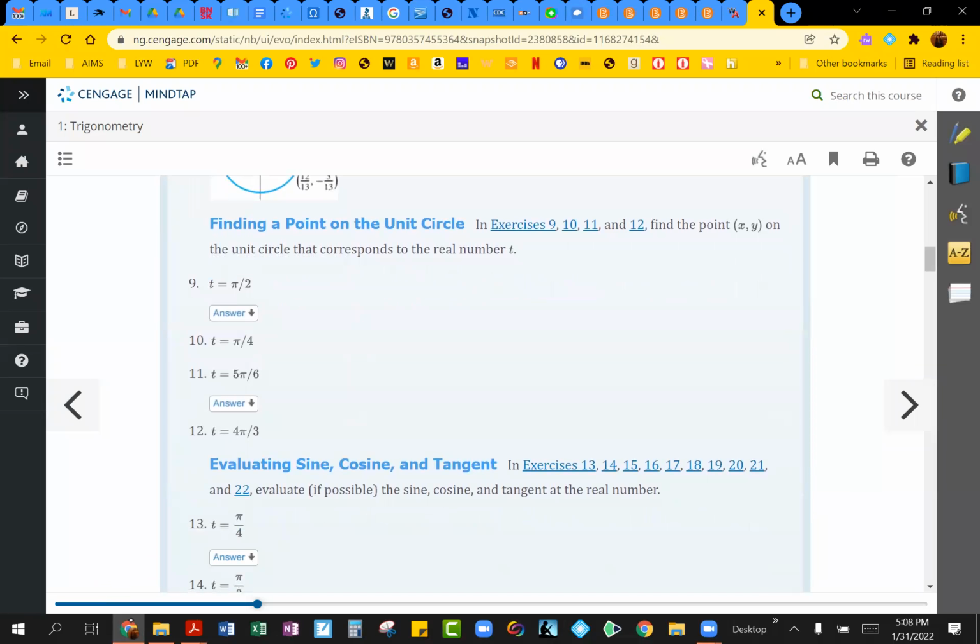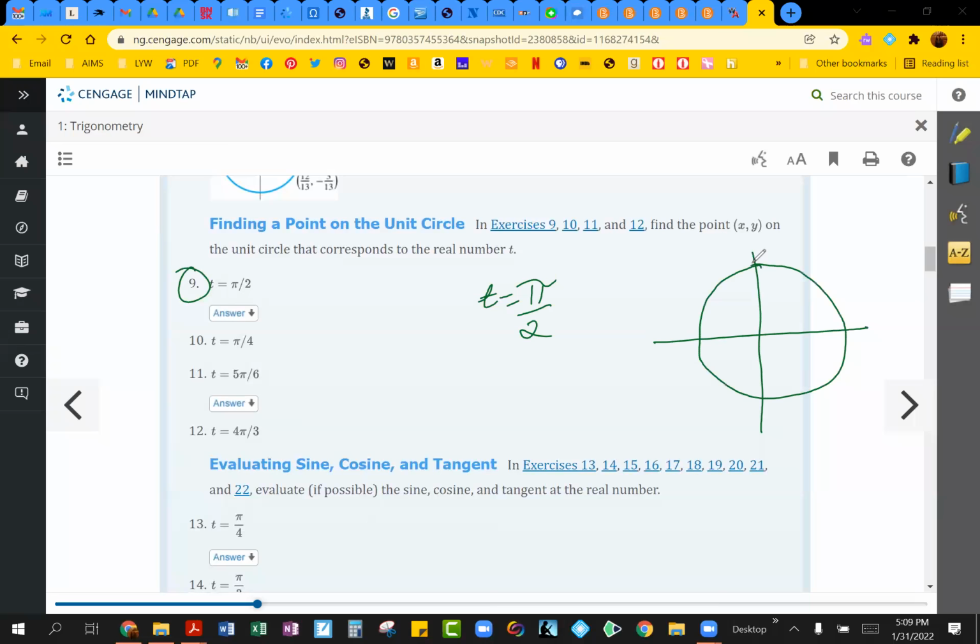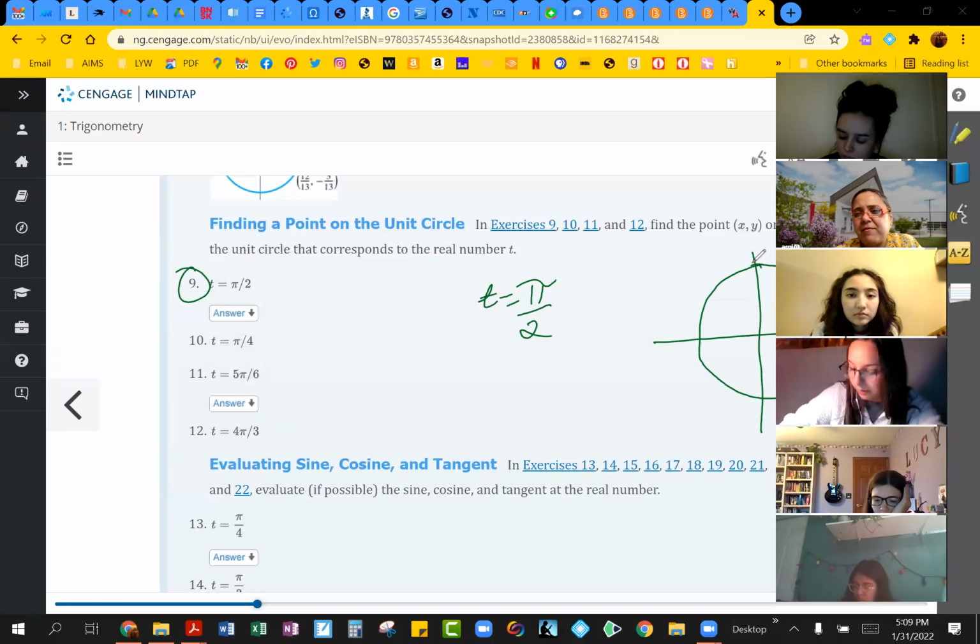Let's do number 9, finding the point on the unit circle. They're saying find the point X and Y on the unit circle that corresponds to the real number T. So if T equals pi halves, think about that unit circle. Where first do you know the pi halves is going to fall?